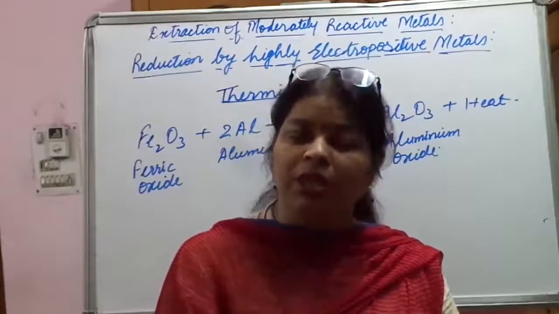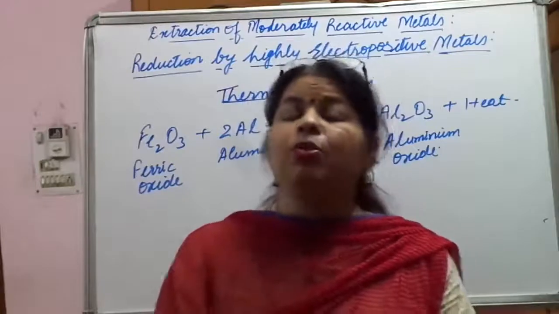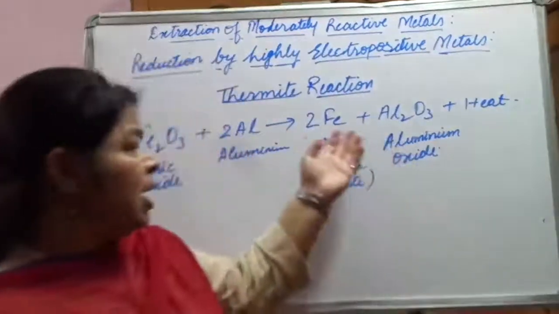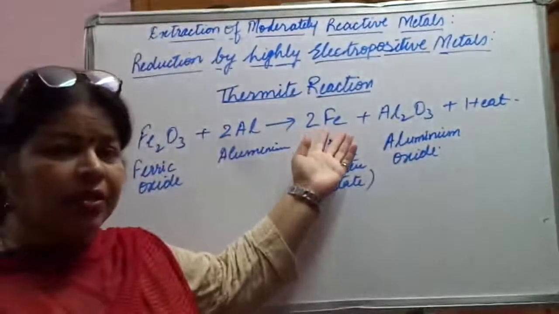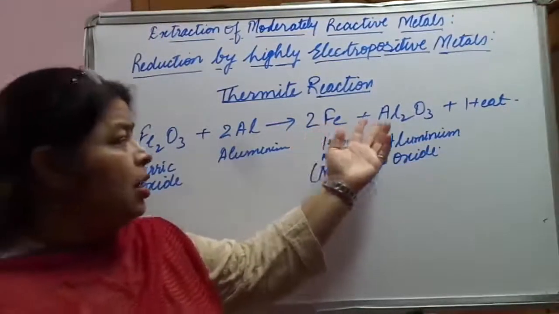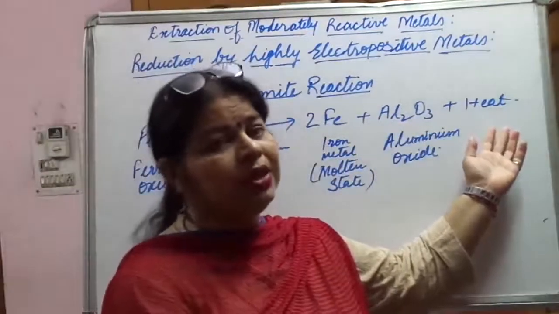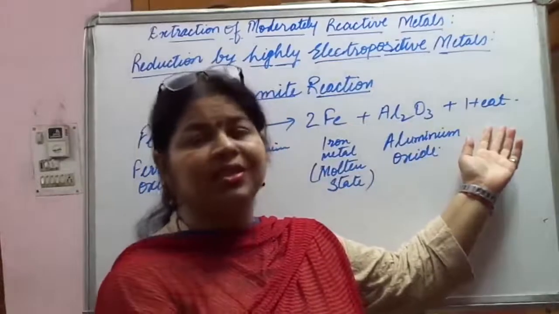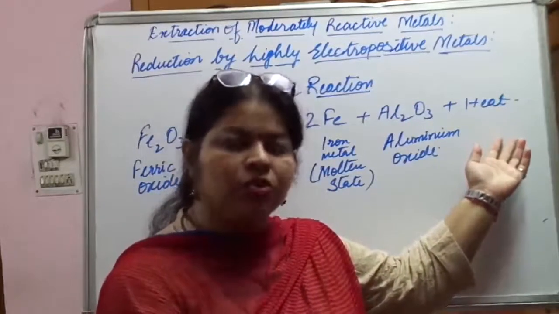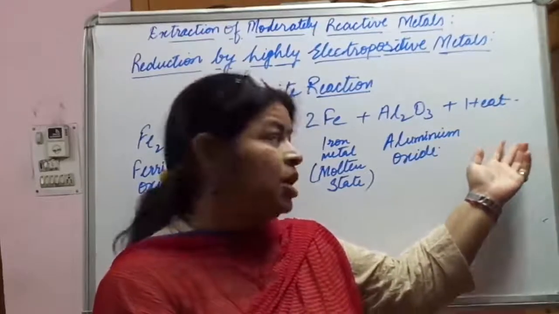This aluminium reduces iron oxide and produces iron metal in molten state. So molten iron is extracted, and we get molten iron and aluminium oxide, and besides this lots of heat. Due to this heat, the reaction becomes a highly exothermic reaction. Lots and lots of heat is being released.